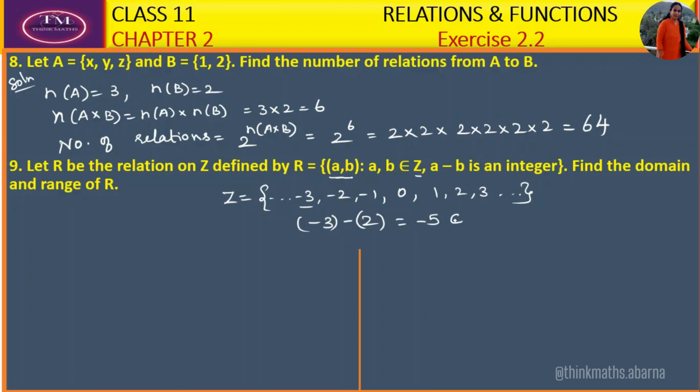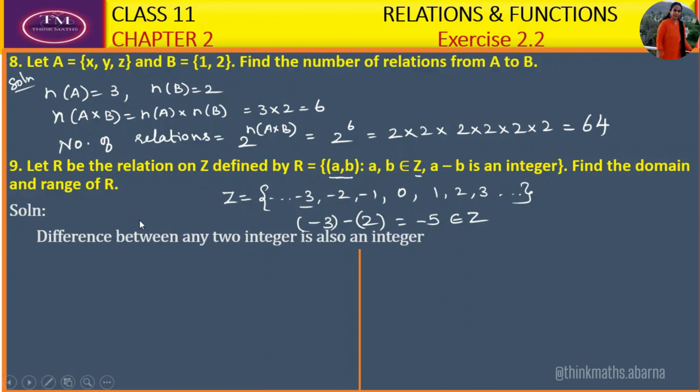It belongs to Z. So we know that the difference between any two integer is also an integer. If you take any number from an integer, take another number from the integer, find out the difference. The difference will be also in the integer system. So the difference between any two integer is also an integer.